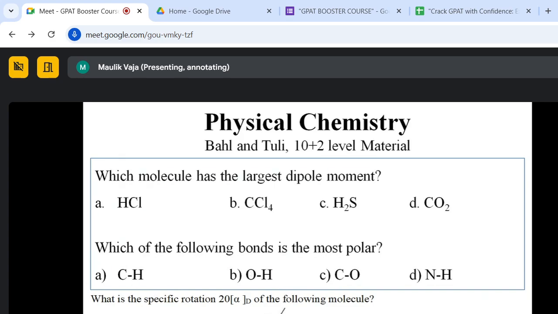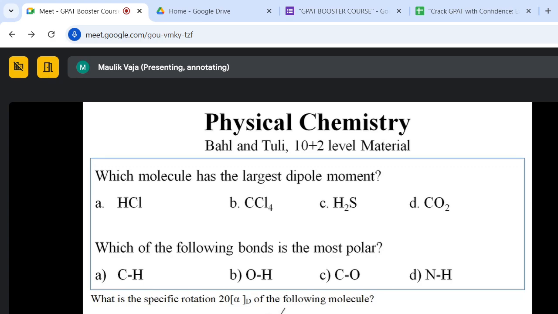Then sometimes they ask this kind of question: calculation of specific rotation. What is the specific rotation of the following compound? They give the observed rotation, concentration, and the length of the sample cell.